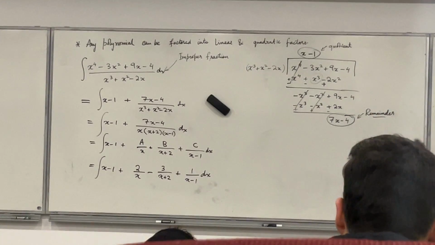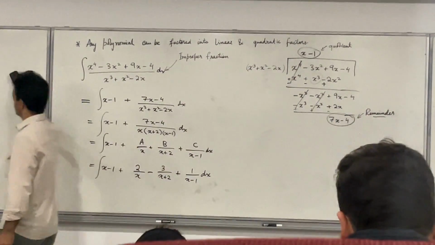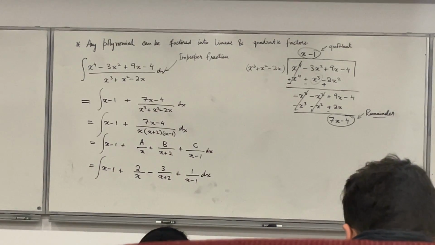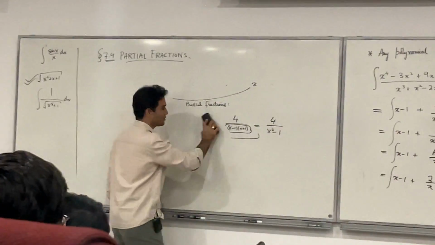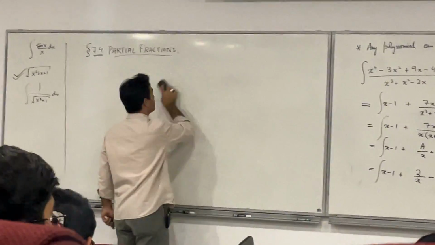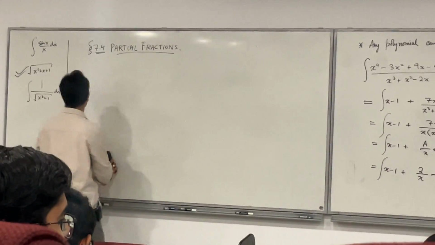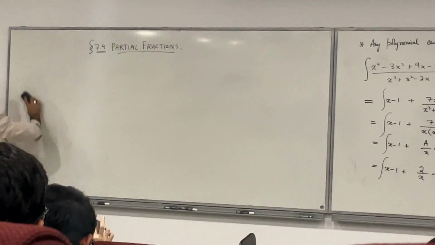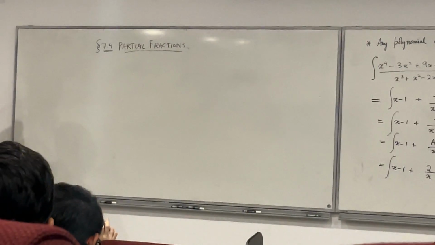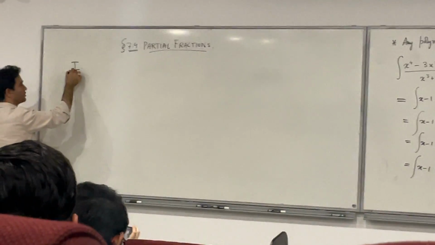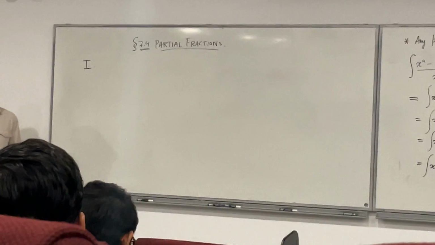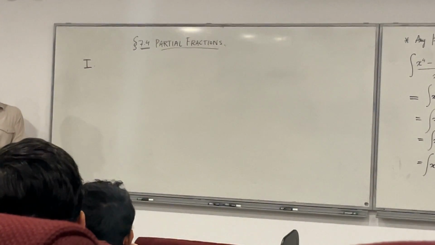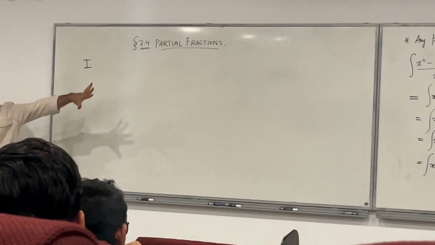Okay, now how can this get complicated? What we had, that example over there, is the first case of 4 cases. There's 4 cases. One where there are distinct linear factors.